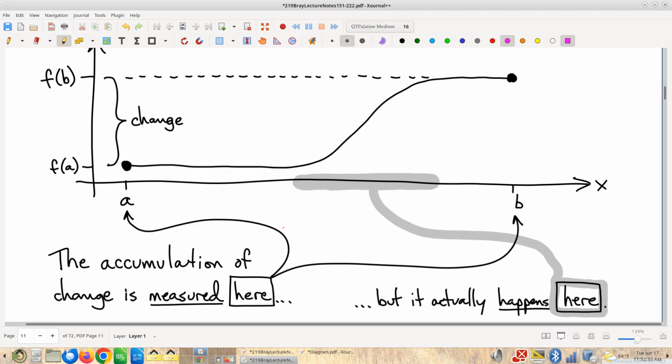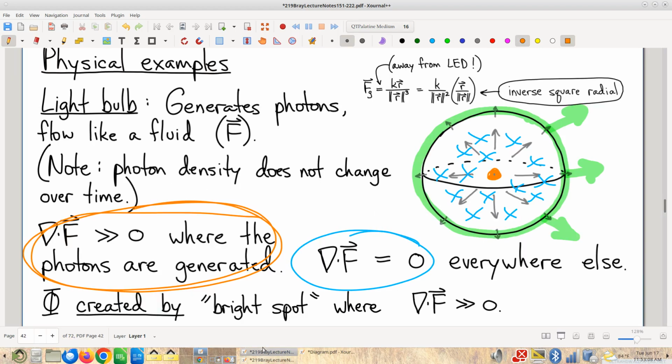But where did it actually happen? Well, change density literally tells us where it's happening in the interior. Is that cool, right? And this is just a different sort of metaphor that gives us what I'm going to call the same satisfaction. Divergence is telling us that's where the flux is coming from, not there. There. I find that very satisfying.